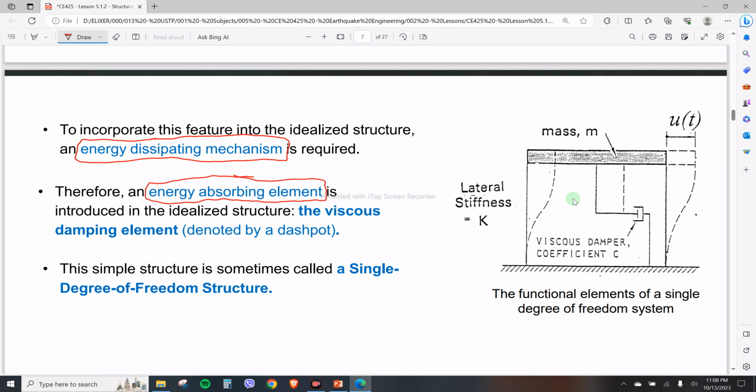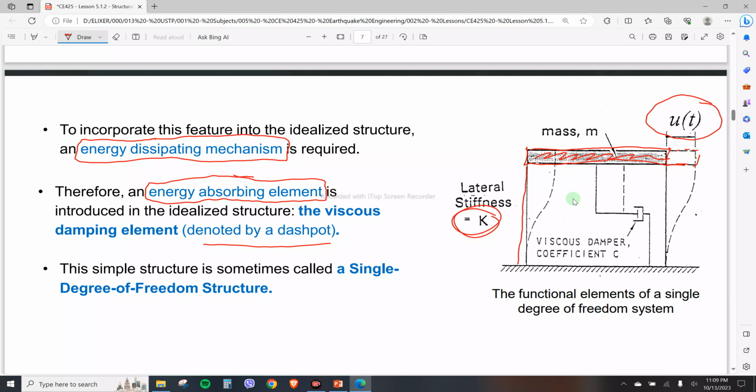It is introduced in the idealized structure: the viscous damping element denoted by a dash pot. So we have a mass M here on the roof, and in the column we have a lateral stiffness K, with our deformation u of t.